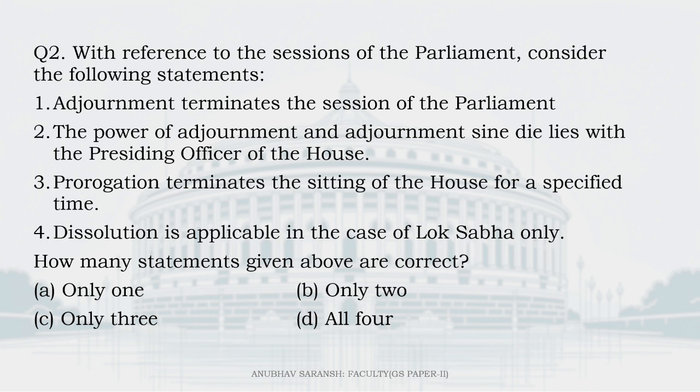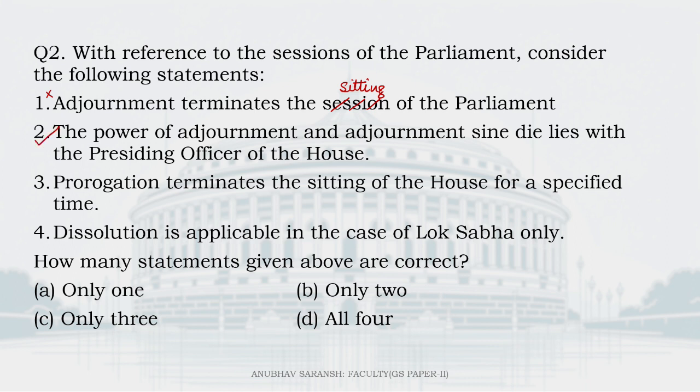Now, if you look at these statements, the first one, adjournment. What is adjournment? Adjournment means the termination, the end of not session, but sitting of the house. So, one is wrong. Number 2, the power of adjournment and adjournment sine die lies with the presiding officer. Absolutely correct.